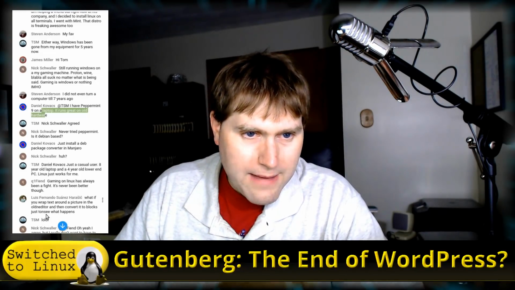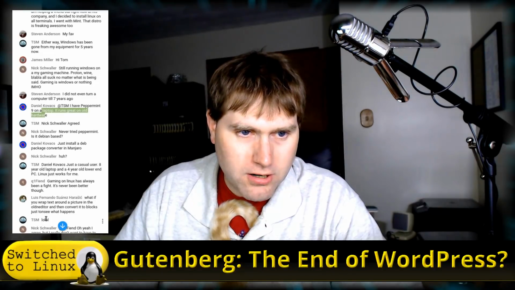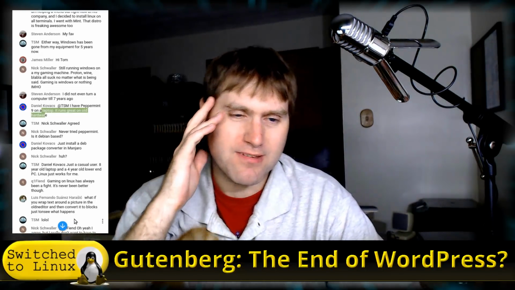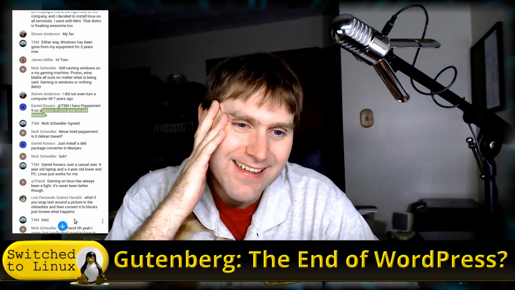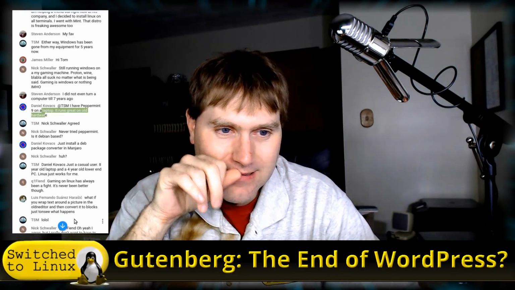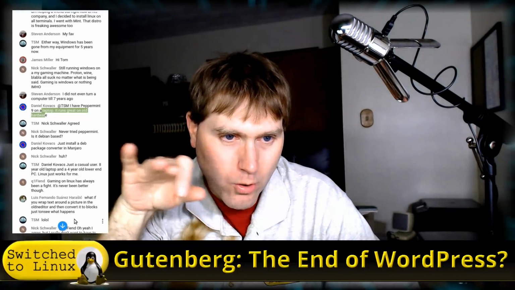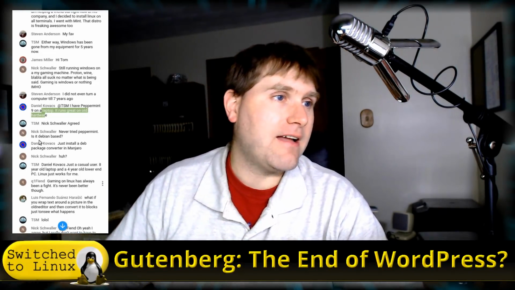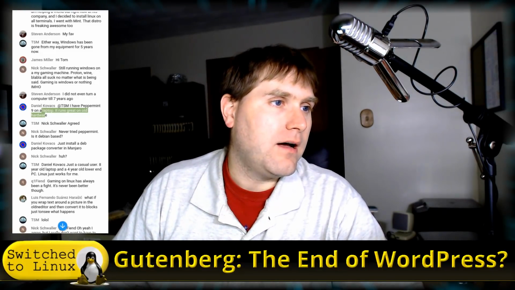What if you wrap text around a picture in the old editor, then convert it to blocks just to see what happens? I don't even understand what you said. Okay, wrap text around a picture in an old editor. Ooh, yeah, I see what you're saying. All right.